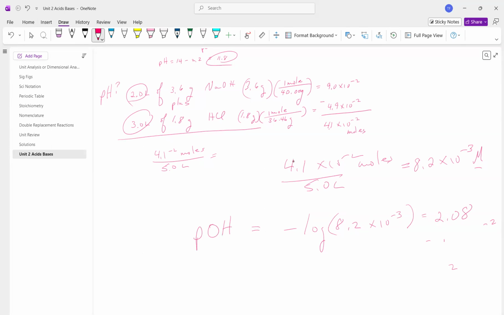Okay, so the pOH is 2.08. pH is 14 minus 2.08.